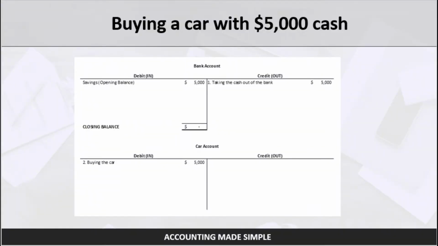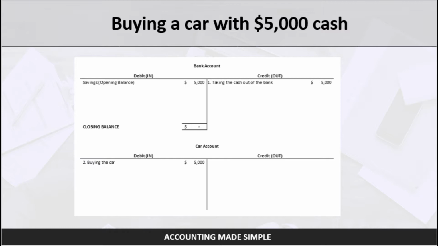This shows that we have $5,000 of savings in our bank account. When you take the cash out of the bank, it's recorded in the credit or outside of the bank account. Now there is no more money left in the bank account. This means that the closing balance in our bank account is now zero. We also need to record the fact that we now have a car.